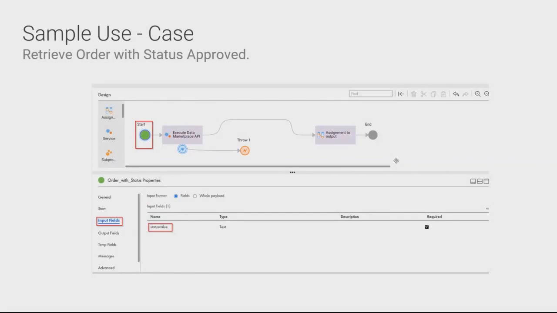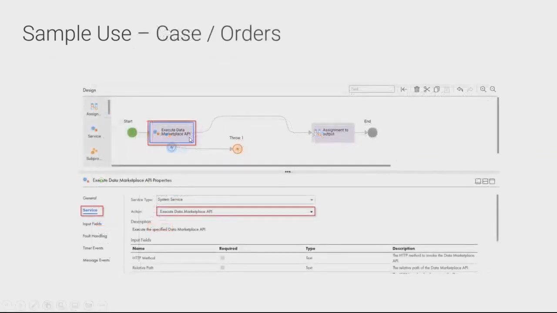Here you are seeing a very simple endpoint where we are trying to retrieve the order with status. And you see that we have start and system service, and the system service will have the input field, the output field, and the actions.